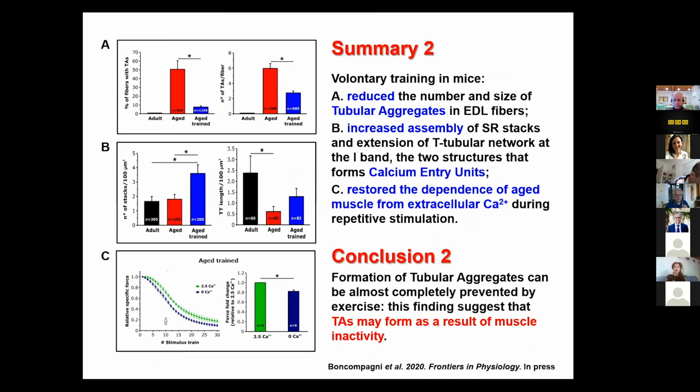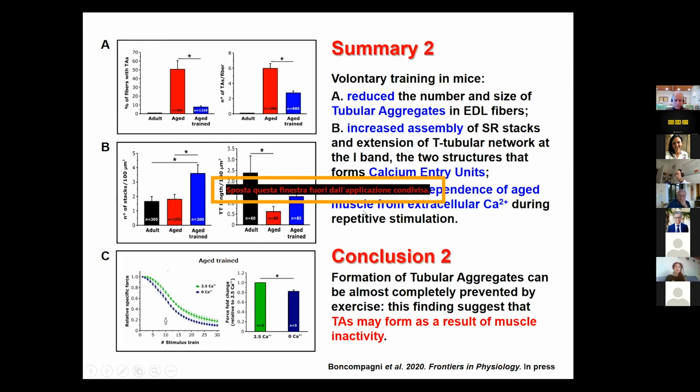Okay, in conclusion, in this slide I summarize the results of the second part of my talk. I show you that voluntary training in mice is able to reduce the number and size of tubular aggregates, and to increase the assembly of calcium entry units.